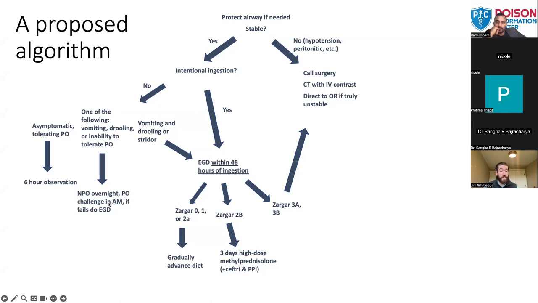And if they are, great, they can probably go home. But if they're not able to tolerate oral intake, that's someone I would then think about doing EGD or endoscopy.